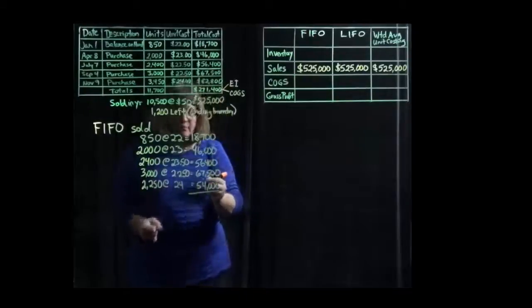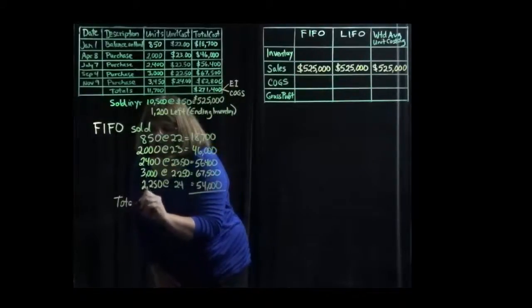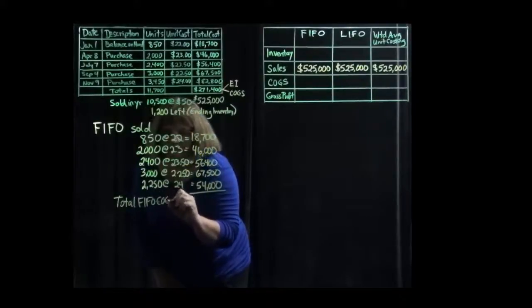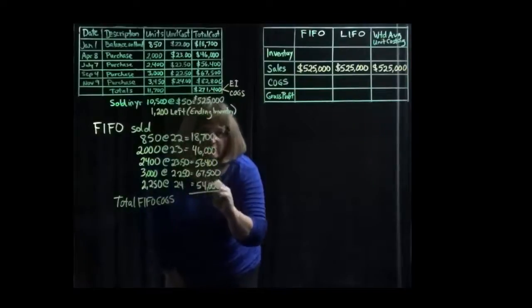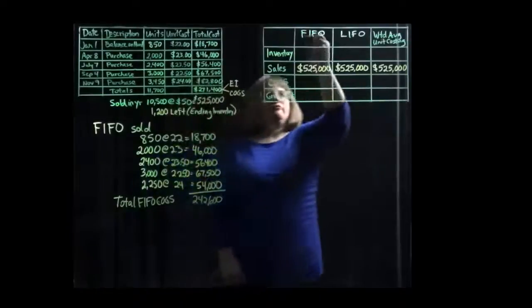If we add these numbers up then, that would give us our total first in, first out cost of goods sold of $242,600. And so we would write that up here.